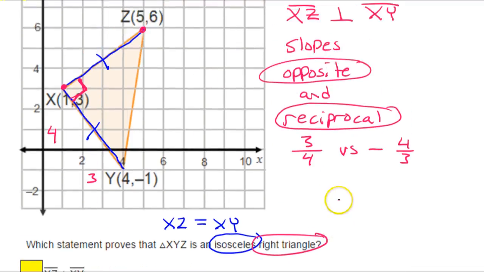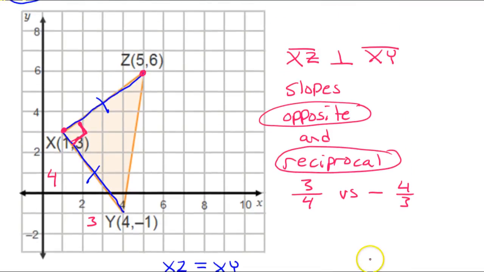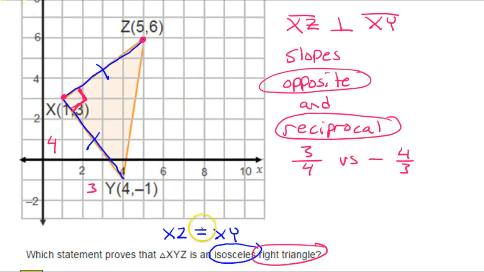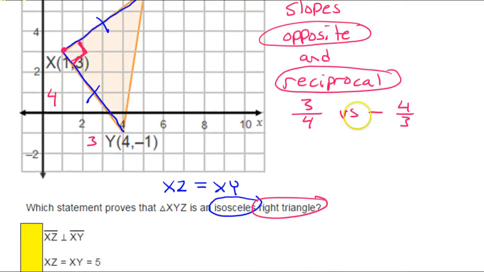Okay, which statements will prove that this is an isosceles right triangle? I'm looking for something that says that XZ and XY are equal in length, and something that will show that they are also perpendicular to each other, which could be the slope thing.